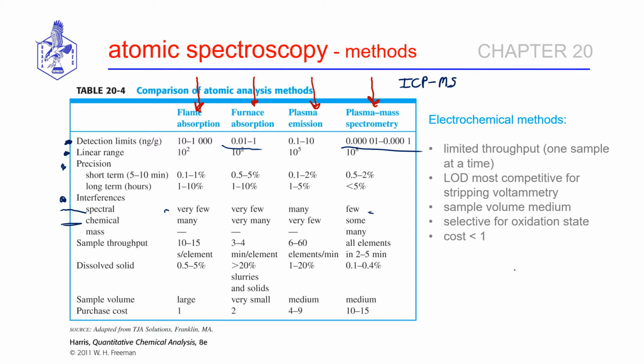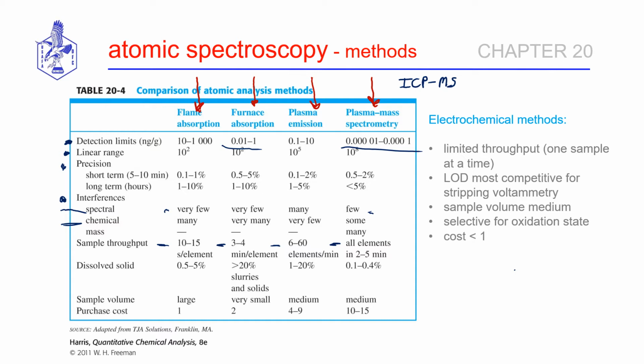So that's an important thing. In terms of throughput, you can see comparatively the flame methods are pretty good. Furnace methods, not so hot. And then the plasma methods have a huge advantage because we're analyzing all elements at the same time as opposed to one per analysis. So those are super fast on throughput.